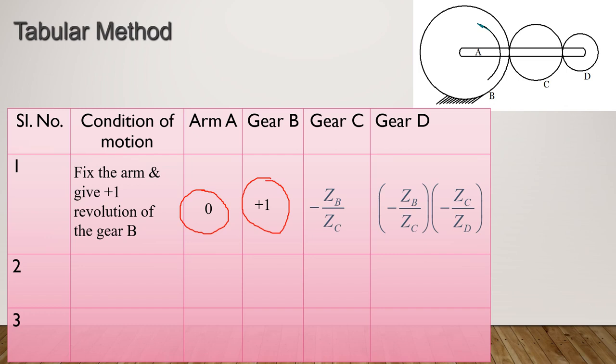Next, coming to C, you are giving rotation to B, so B is the driver gear here. So for gear C, write the ratio of number of teeth in the driver to number of teeth in the driven first, then see the sense of rotation. B and C will always rotate in the opposite direction, so put a negative sign, so it is minus ZB by ZC.